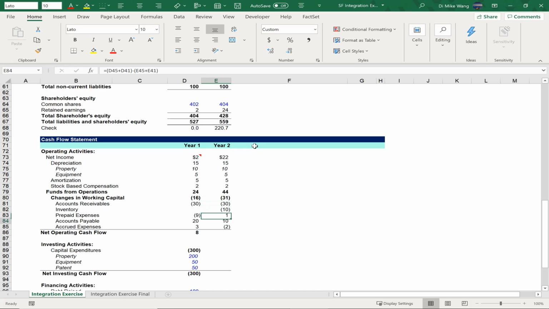So subtracting the changes in working capital from funds from operation, we'll just add these two numbers together, which gets us to a net new operating cash flow figure of 13.